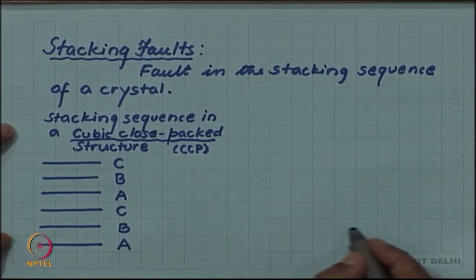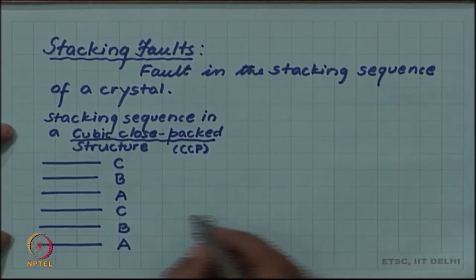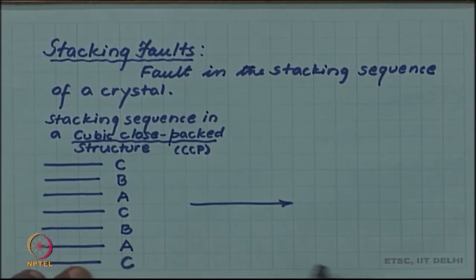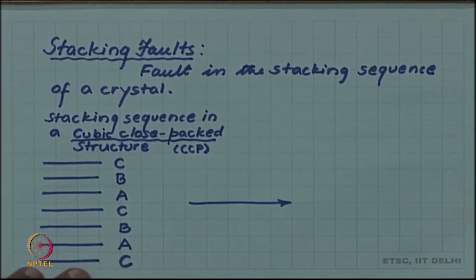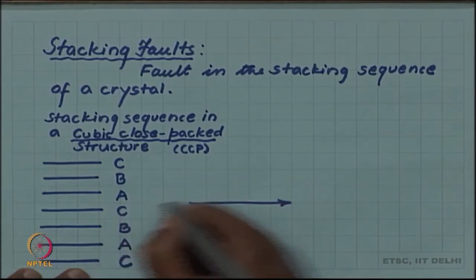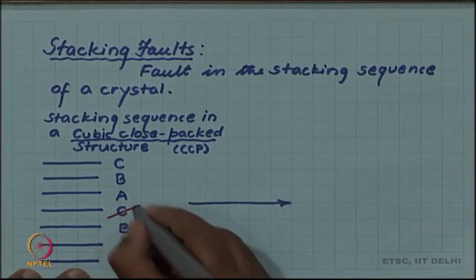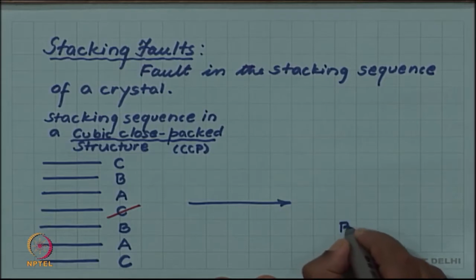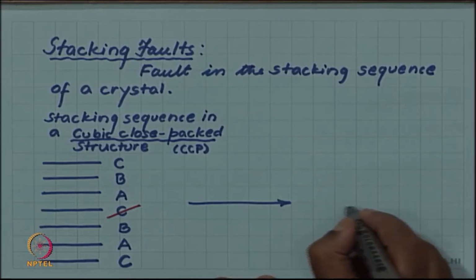Now, think of a faulted structure. So, we are going to convert it into a faulted structure, and let me try to remove one of the C planes. So, the fault is to remove this C plane. Then the structure which I will get will become C, A, B, and then C is missing.